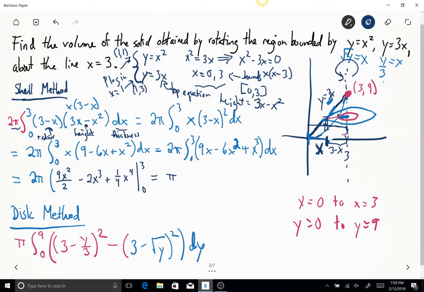So first off, you get 9 times 3 squared, minus, it becomes 4 because you have that extra 2 multiplied on 3, so 4 times 3 cubed, and then plus our 1/2 times 3 to the 4th. Plugging in zeros is going to give 0 for all those terms. So at the end of the day, we get pi, and 3 to the 4th is 81, so you have 1/2 81.